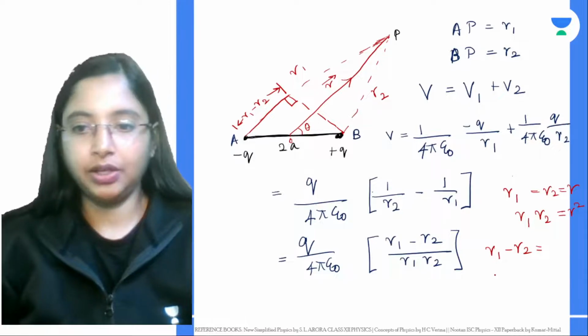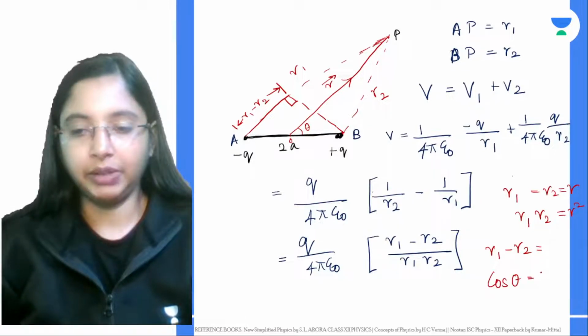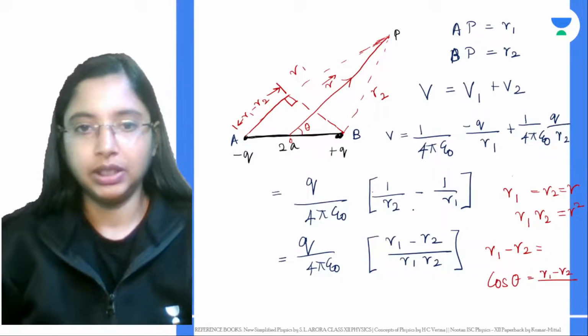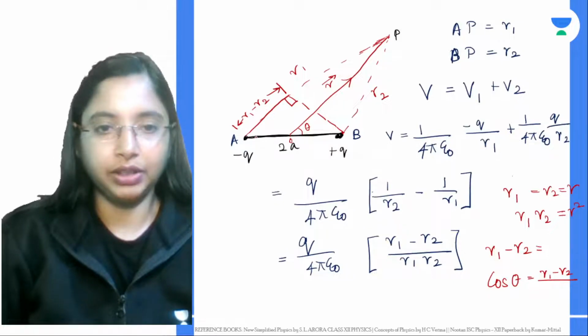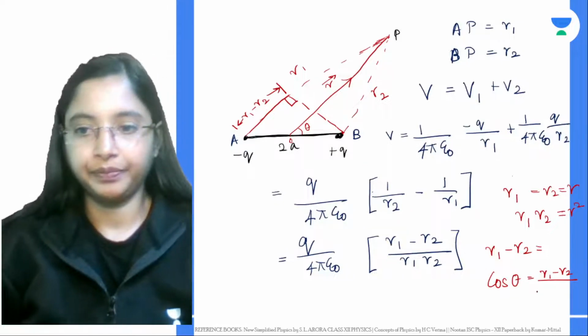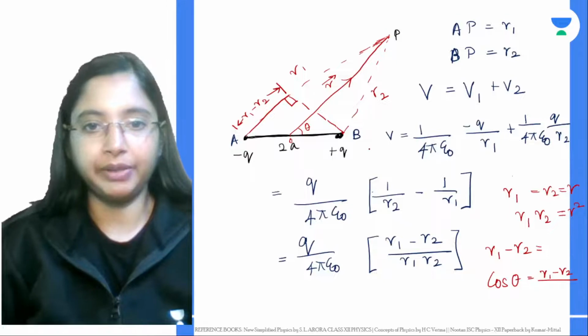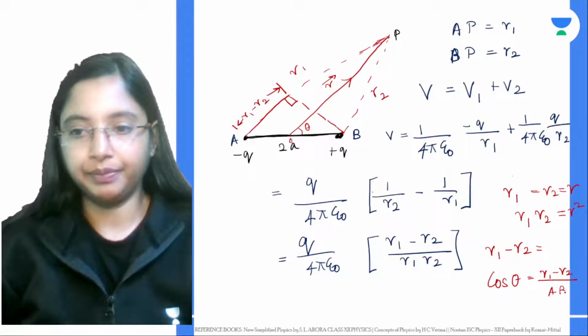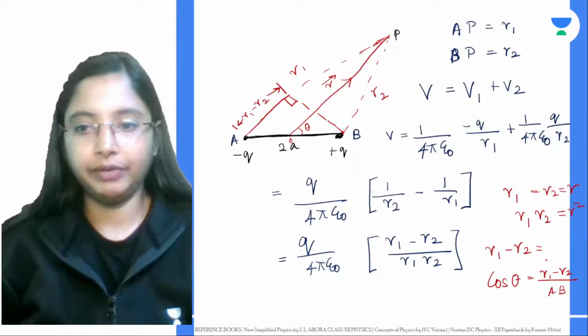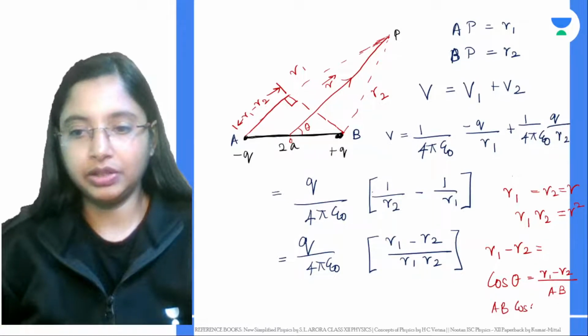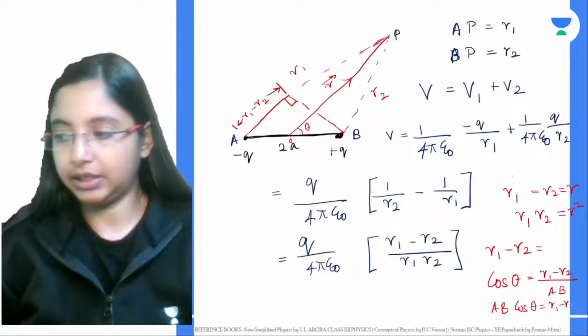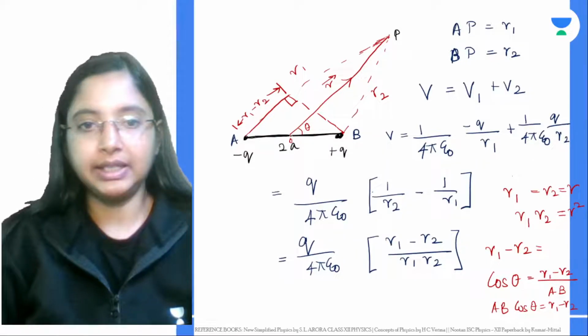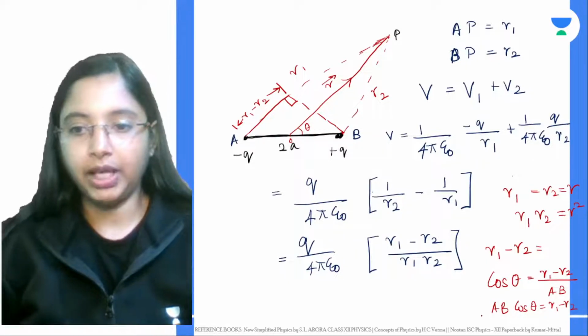So cos theta gives R1 minus R2 over this length, which is AB. So R1 minus R2 is nothing but AB cos theta. But AB is just the length of the dipole, so AB is nothing but 2A cos theta.